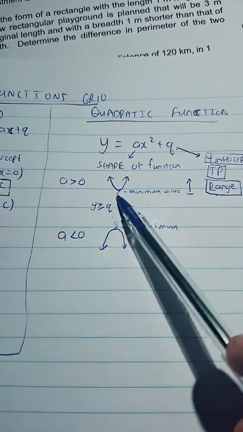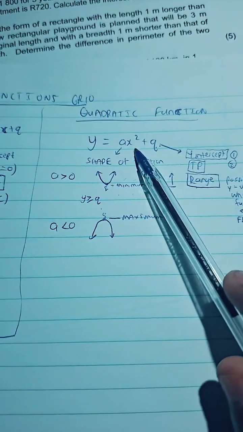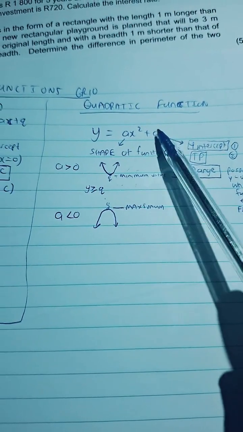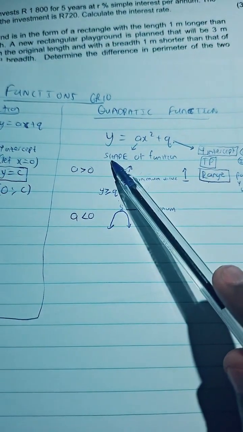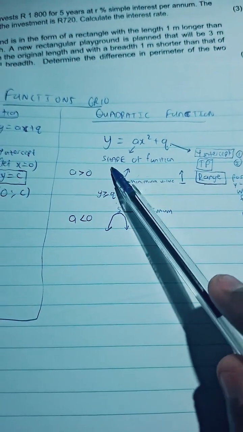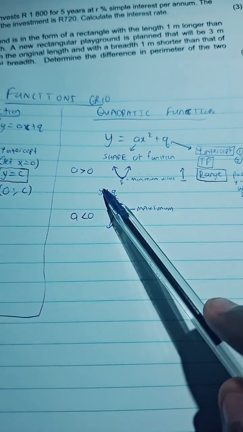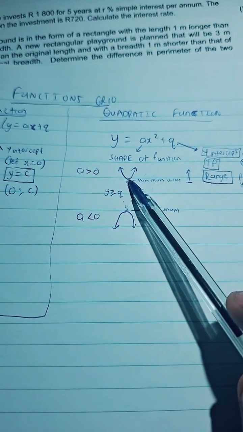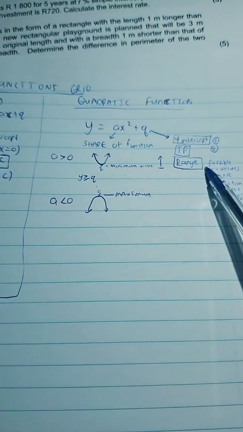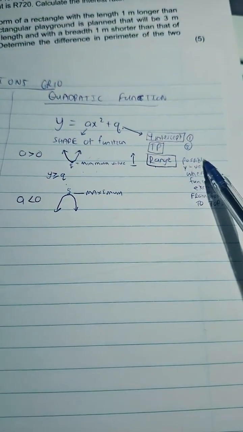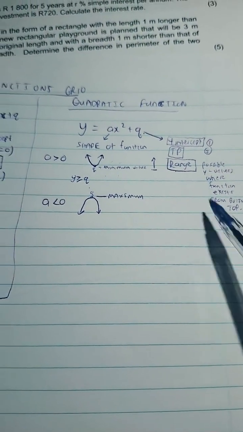So like I said, guys, did you hear what I said about your parabola or quadratic function? When a is greater than 0, you're talking about a smiling graph, concave up, and your range will be y is greater than or equal to this minimum value, because your range is the possible y values where the function exists from the bottom to the top.